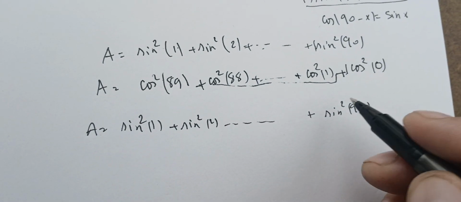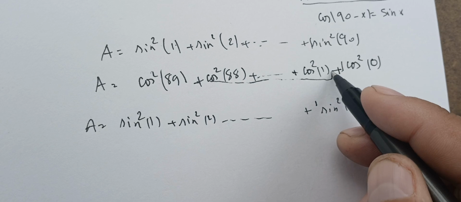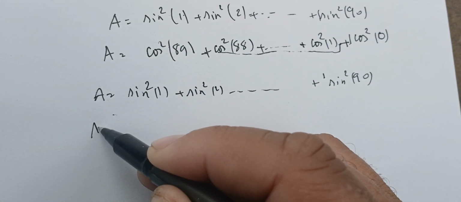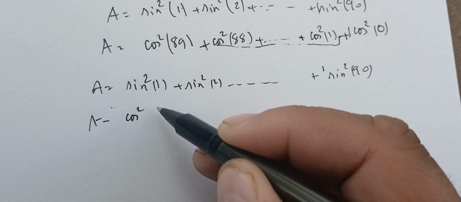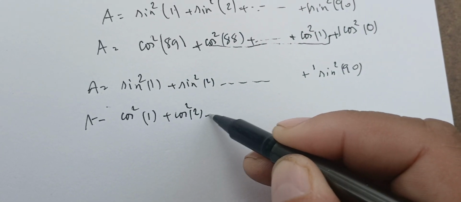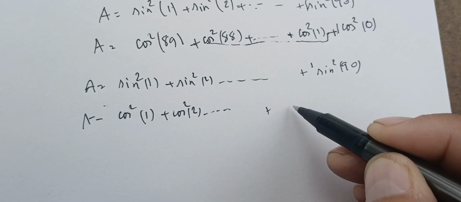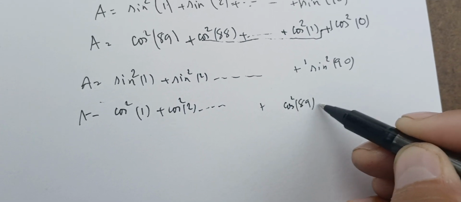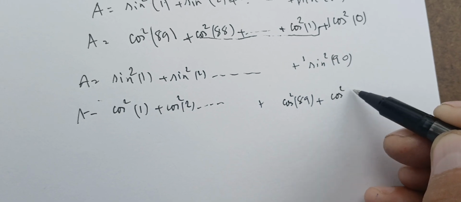So in the second sum I have cosine squared of 1 plus cosine squared of 2, and I keep going until the one before the last, which is cosine squared of 89, plus cosine squared of 0.